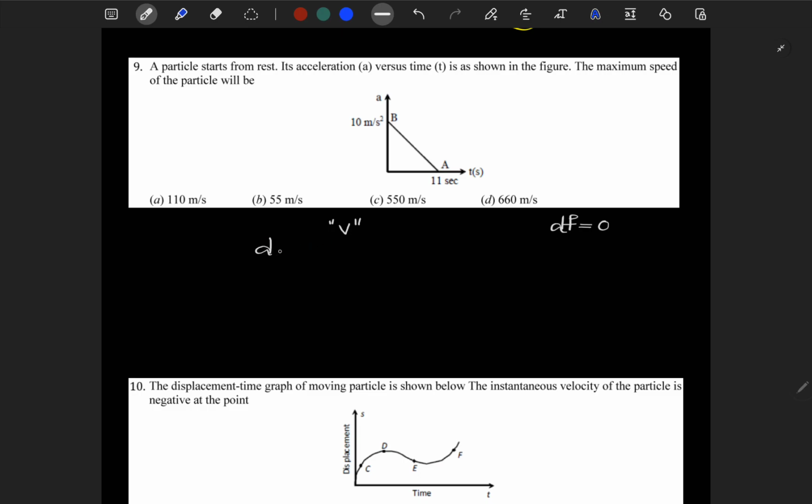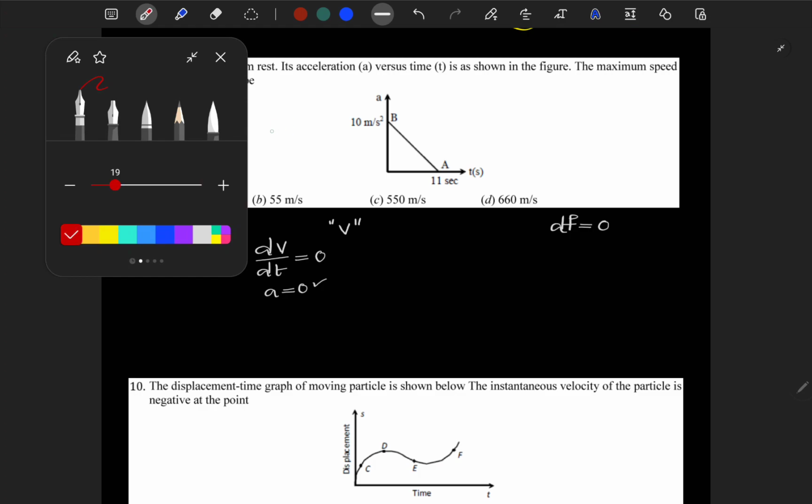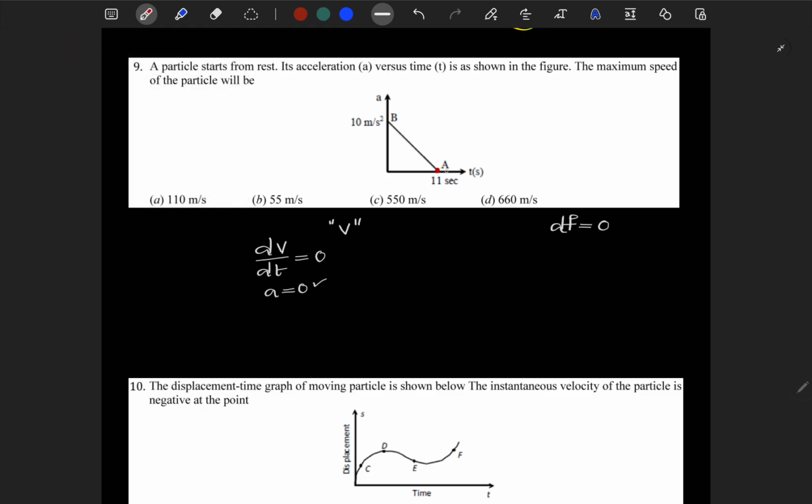Similarly, for velocity to be maximum, dv by dt has to be equal to 0. dv by dt is nothing but acceleration. So when acceleration is 0, velocity becomes maximum. You can see acceleration is 0 at t equal to 11 seconds, and at t equal to 0, the acceleration is 10.